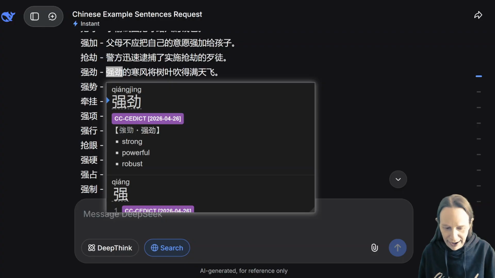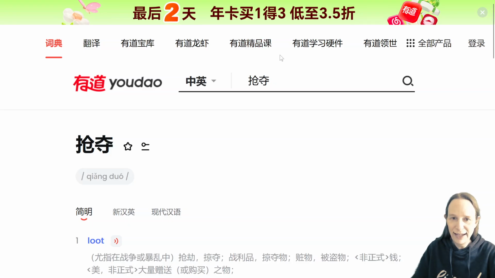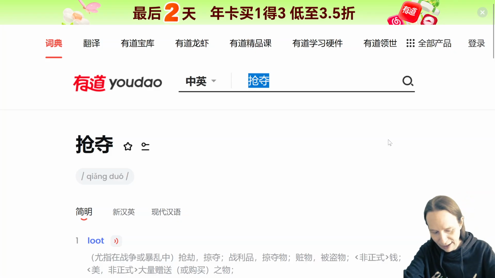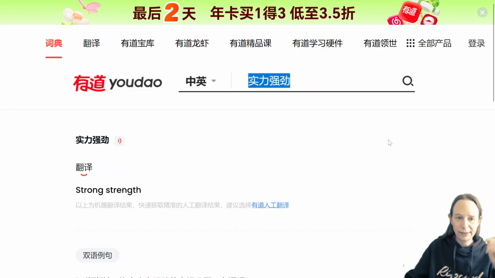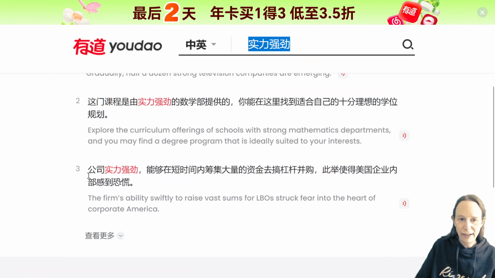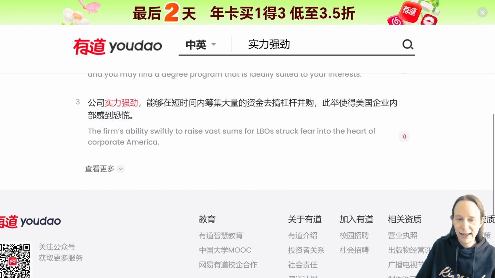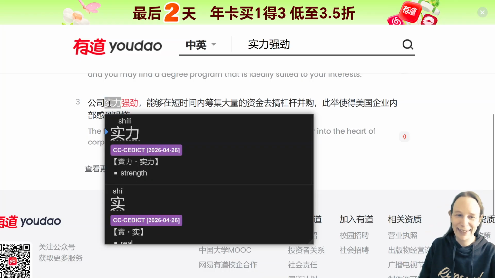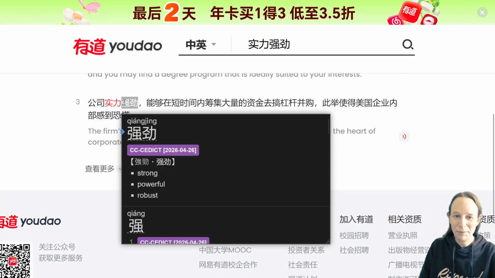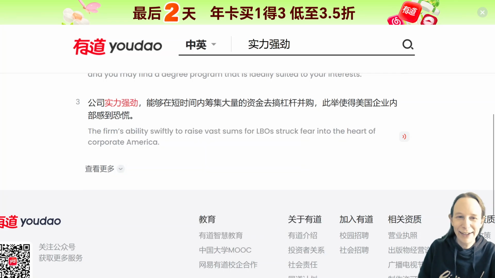Okay, 实力强劲的山峰. All right, so the dictionary's second one is similar to this, but 公司实力强劲, so their power is powerful. Well, it's kind of what it means. Their strength is strong. You have strong strength.